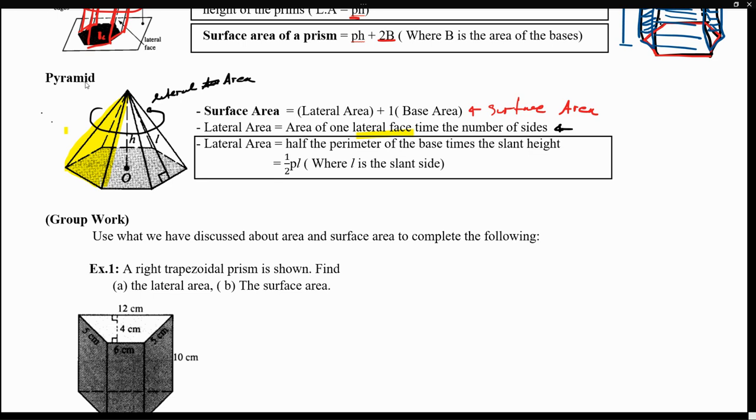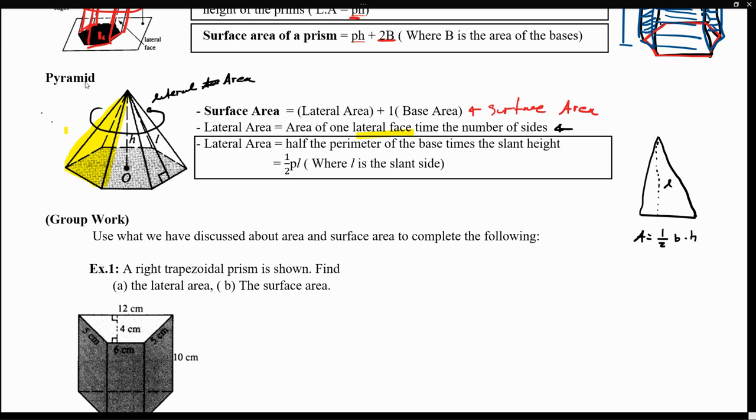Well, since we're talking about triangles, triangles are what are going to be surrounding my pyramid. Well, remember that the area of the triangle is 1/2 times the base times the height. For every triangle, the height of my triangle is going to be the L, or the lateral length.